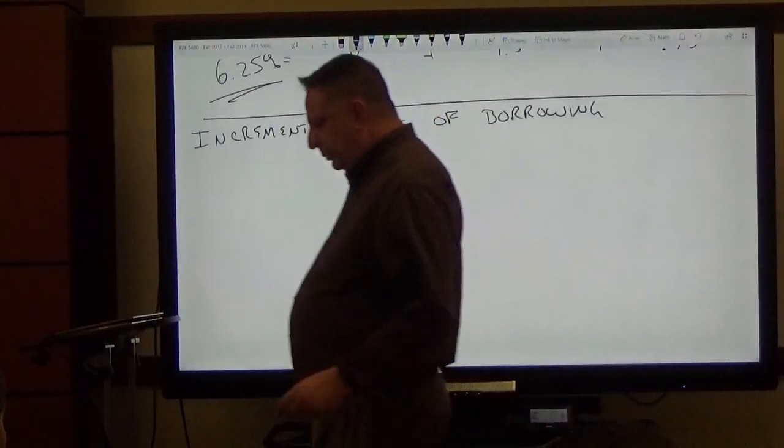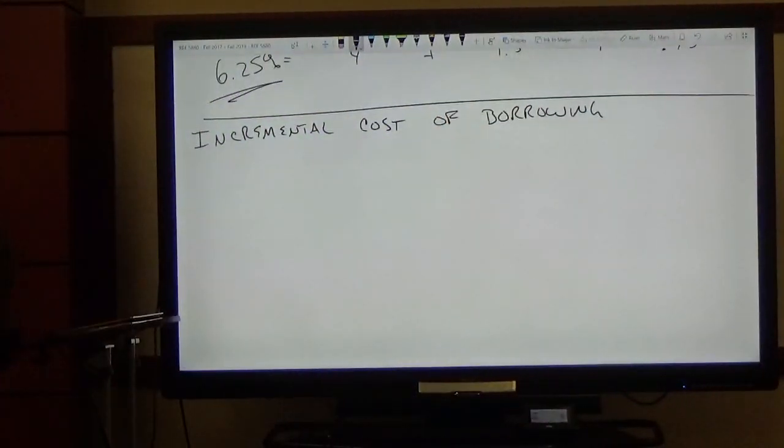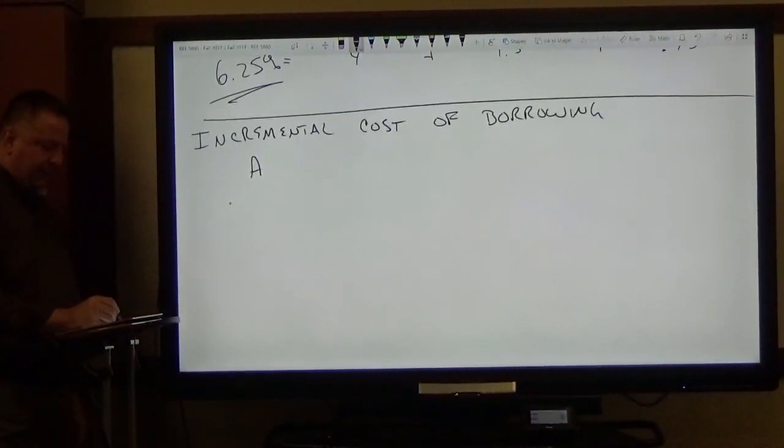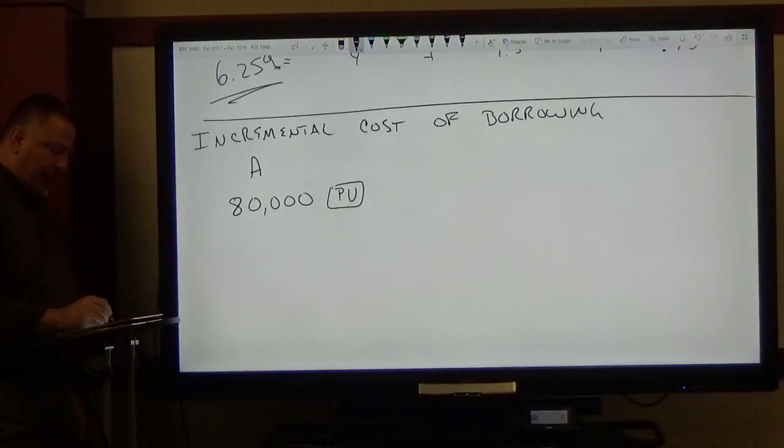So let's say we go to lender A, and the deal they want to give us is an $80,000 loan, for 15 years.